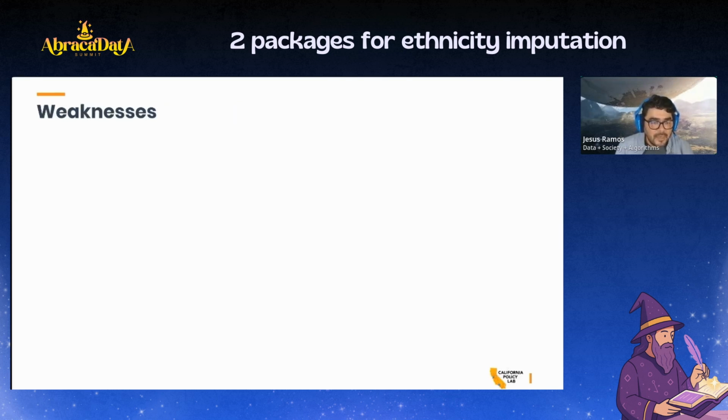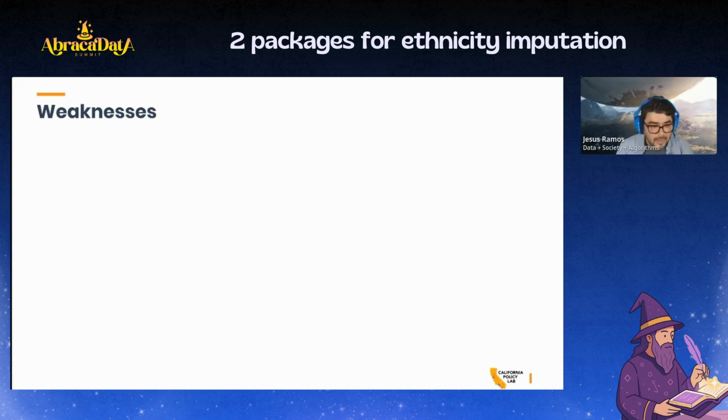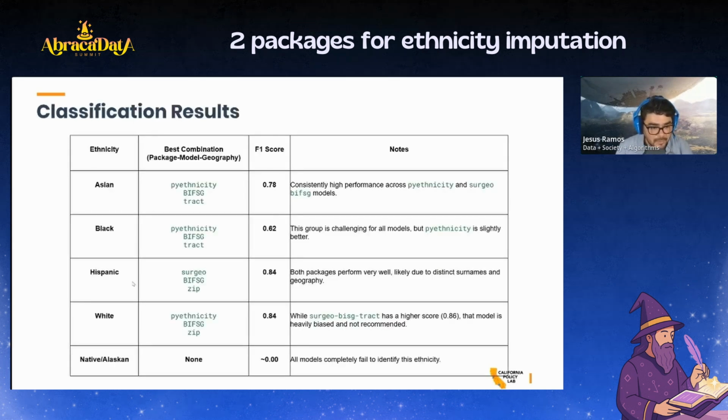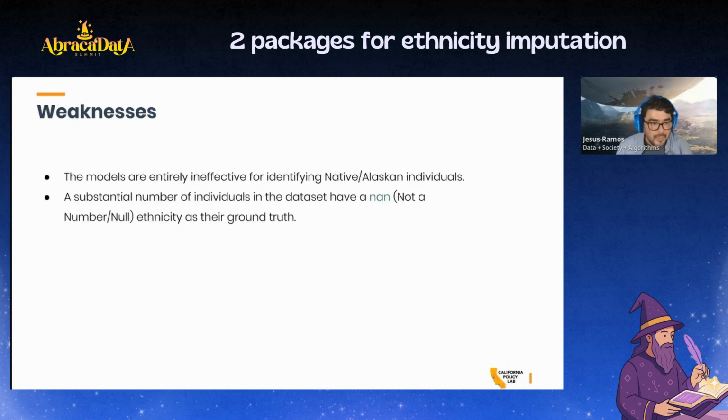Right. So we're almost running up to the end here. Weaknesses. The models are entirely ineffective at identifying Native Alaskan individuals. We didn't even have them here. Oh, wait, we have it at the end of the table. But yeah, none of the models were able to identify Native Alaskan individuals.